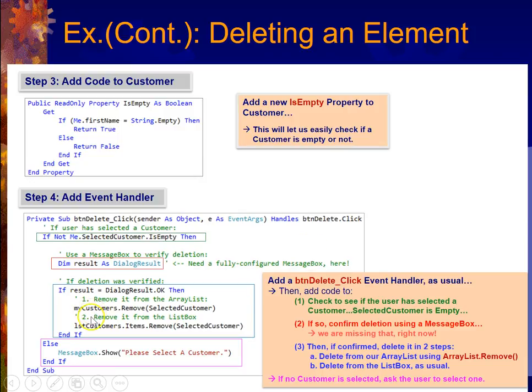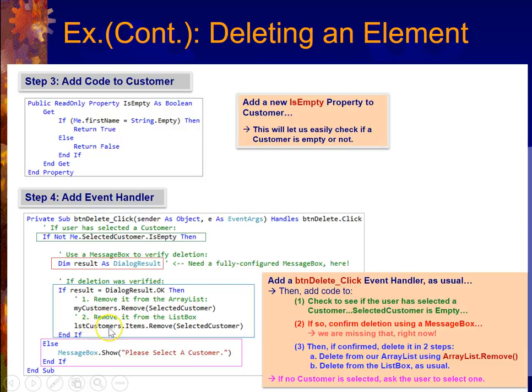When you click on the delete button, all you want is my customers. So that's your array list, and it has a method called remove, and you just remove the selected customer. Actually, I guess you need some way of indicating which customer to delete, and then you just want to remove it from the list as well.